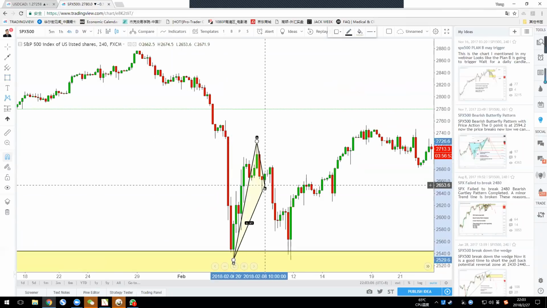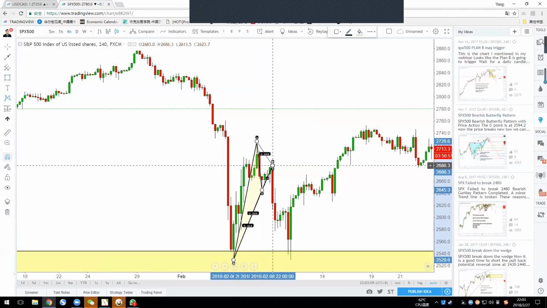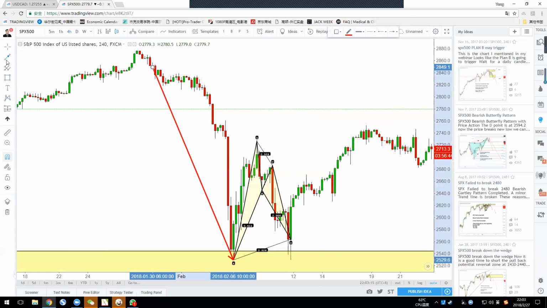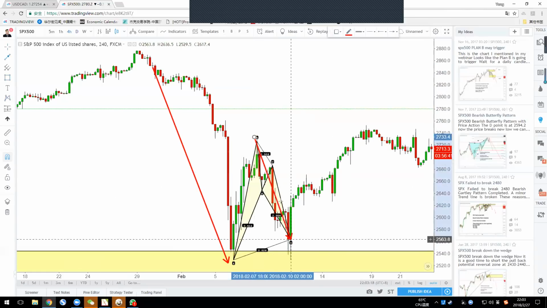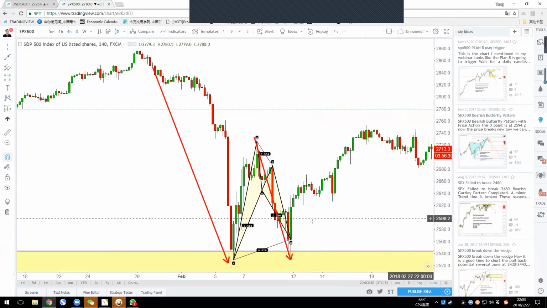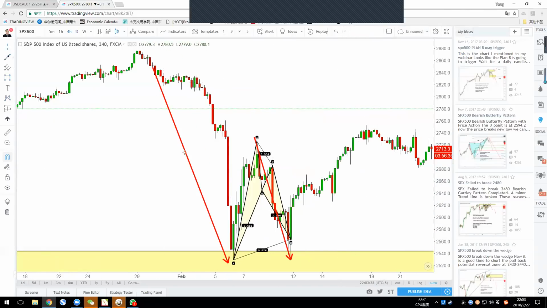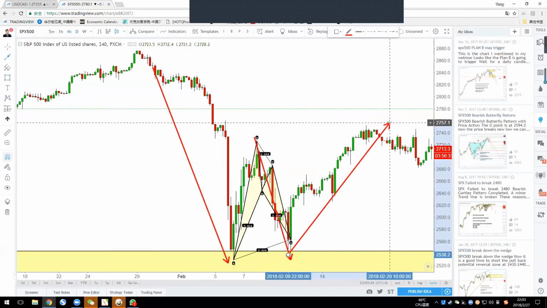Guys, this harmonic pattern just tells you that you should buy when the S&P falls the second time. This is the first fall. This is the second try. If the bears tried twice but cannot break the low and form a harmonic pattern, you should buy.